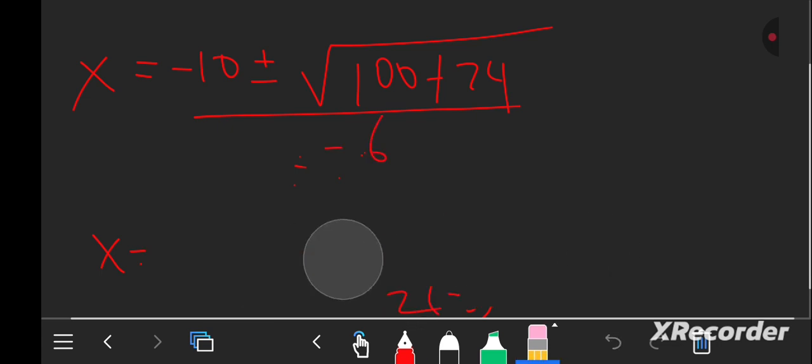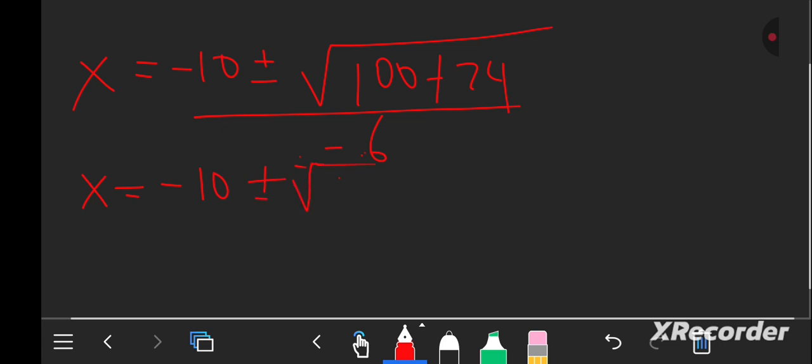At this point we have x equal to negative 10 plus or minus square root of 100 plus 24, that is 124, over 6. You can now find the value of x.